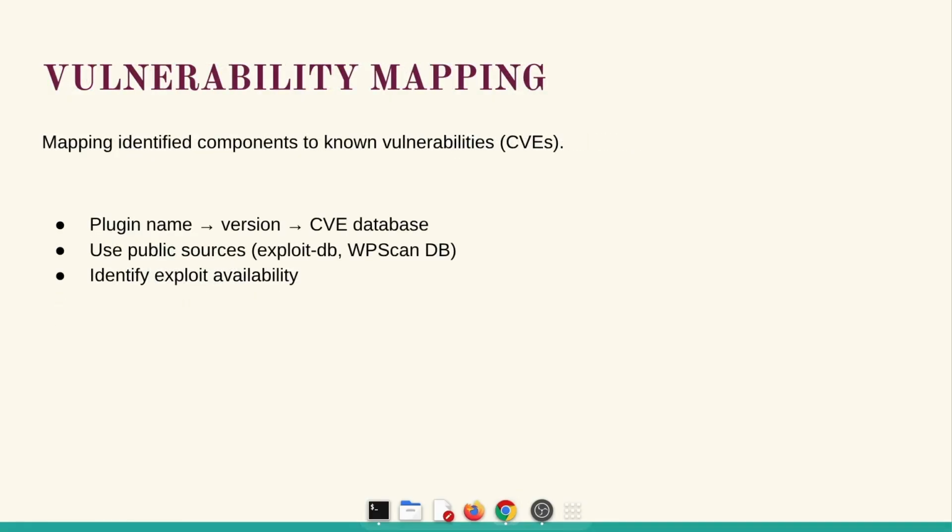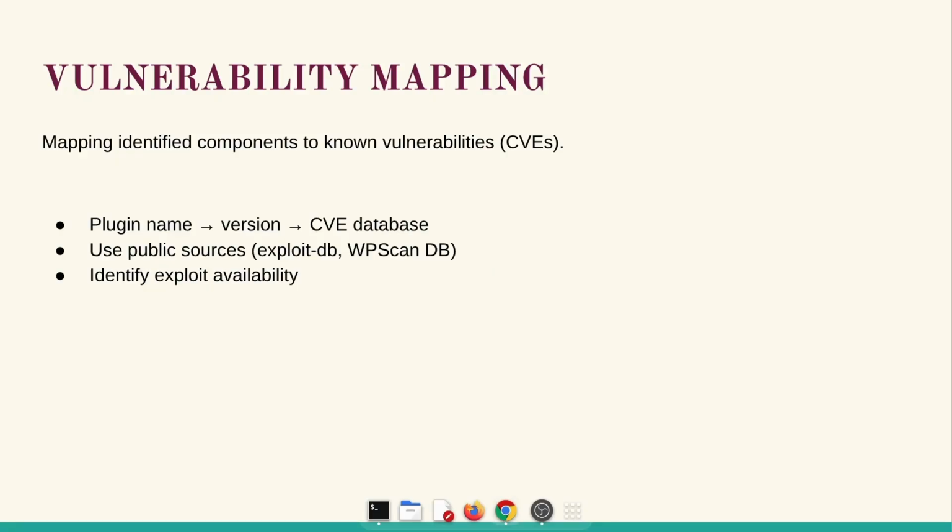Vulnerability mapping means mapping identified components to known vulnerabilities. These are publicly known CVEs, used to determine if they can be exploited. First, identify the components, like plugin names and versions. We first need accurate identification, otherwise we get wrong versions or wrong vulnerabilities.